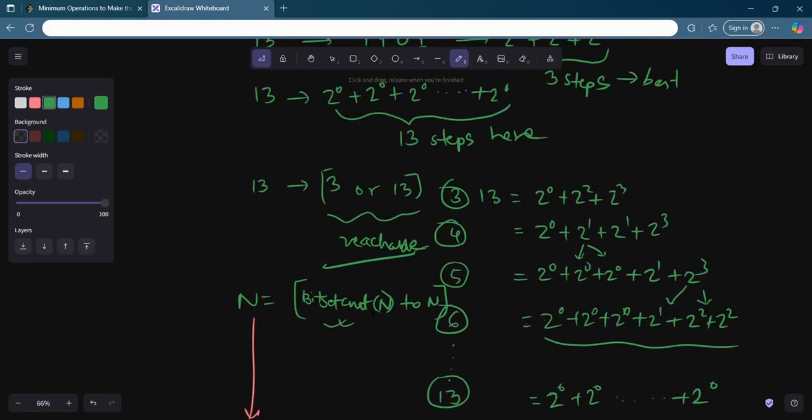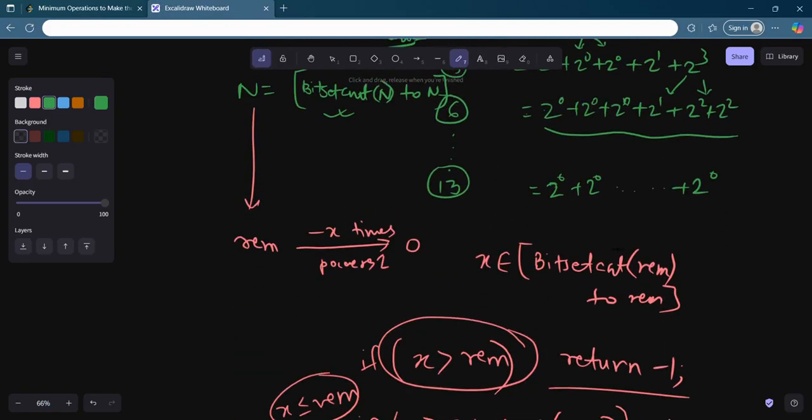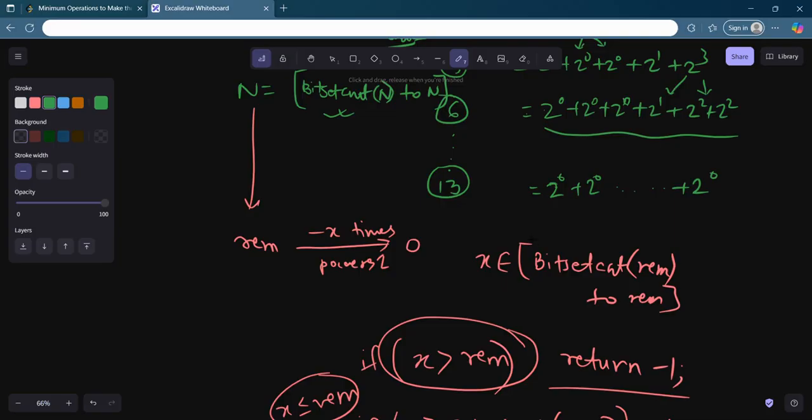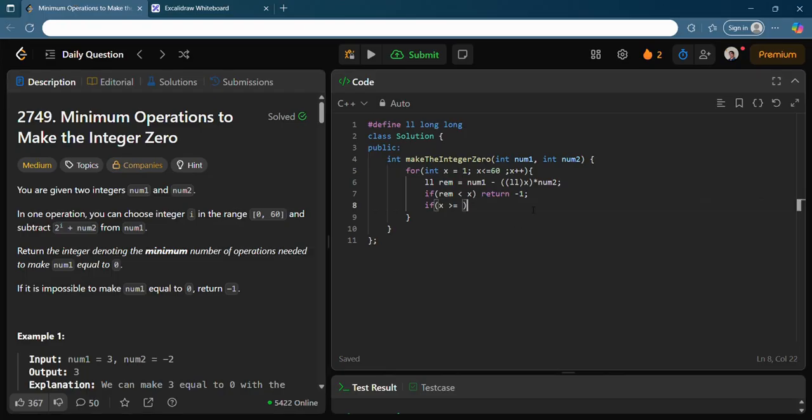Now our x lies in the range of bit set count of remaining to remaining, so I have eliminated the possibility where it can exceed remaining. If x is greater than or equal to the bit set count of remaining, we can return x.